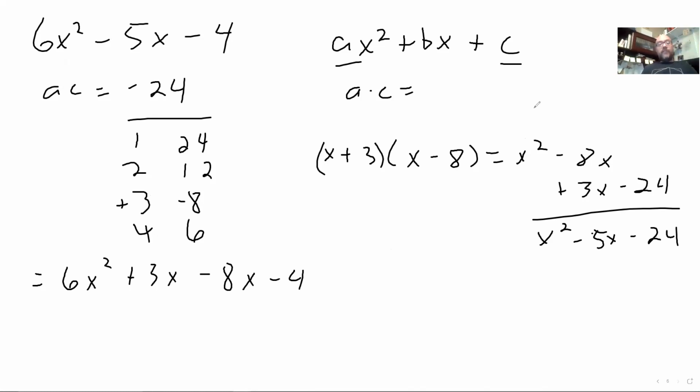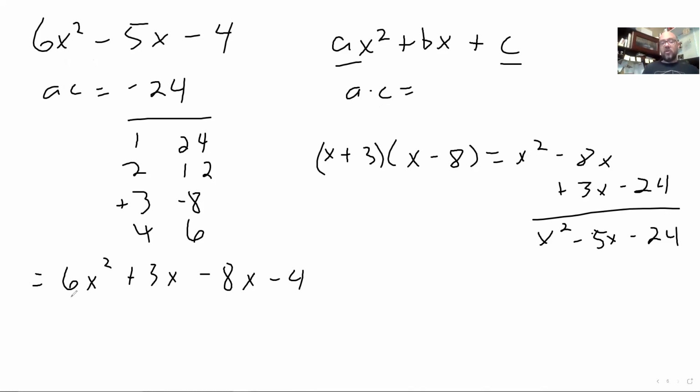And the reason I did that is that this polynomial is now guaranteed to factor by grouping. So that's what the AC method is. You use A times C to figure out how to split up your middle term so that your polynomial will factor by grouping, and then you factor it by grouping.